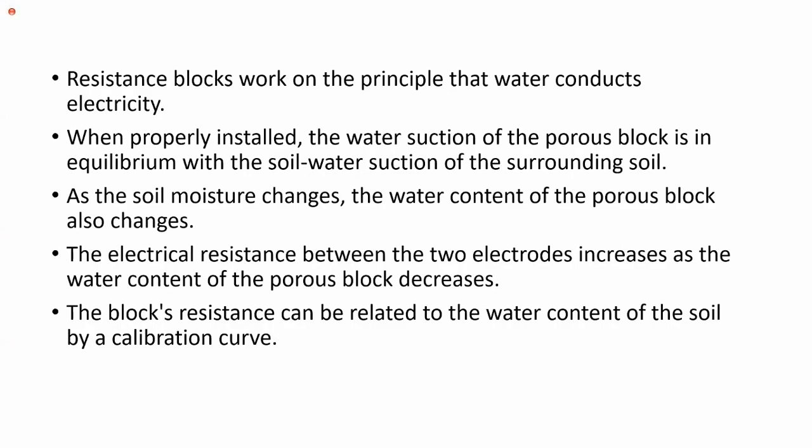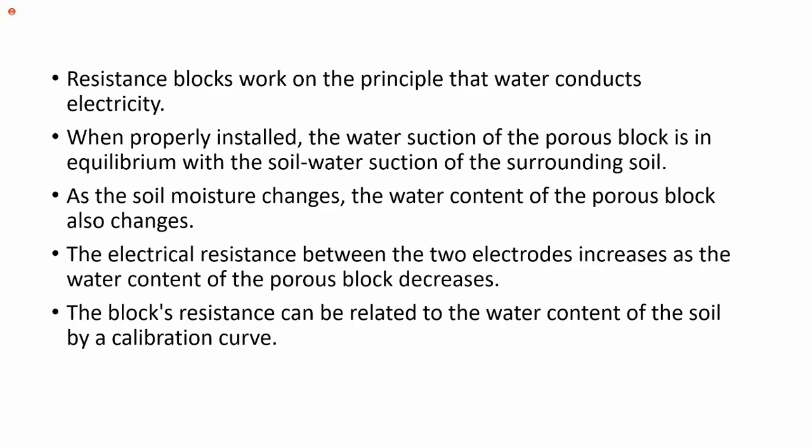The electrical resistance between the two electrodes increases as the water content of the porous block decreases. When moisture content increases, electrical conductivity increases, whereas the resistance decreases. When moisture content decreases, electrical conductivity decreases, but the resistance increases. The block's resistance can be related to the water content of the soil by a calibration curve.